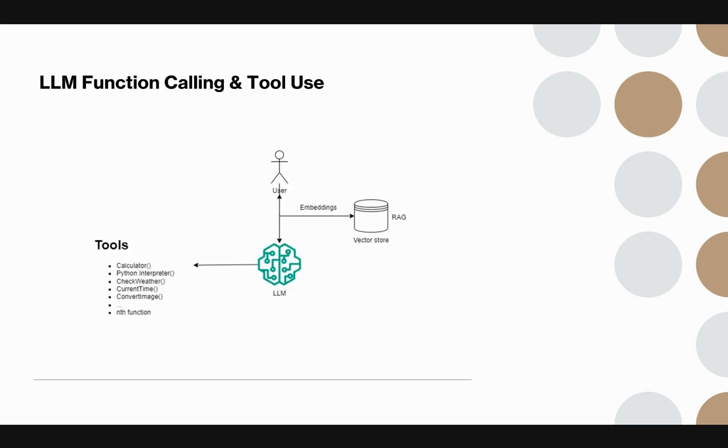So next we get into function calling. Sometimes you'll hear tool use. You still have your LLM, and it can be a RAG architecture. Users send in queries, and in a RAG architecture those queries are embedded, and a similarity search is made on the vector database.